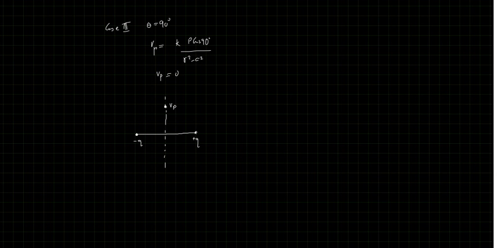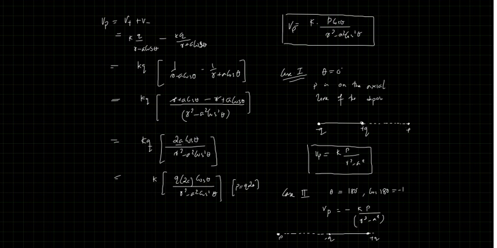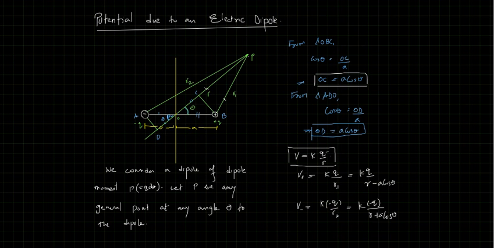Anywhere on this line the potential is 0. However, potential is 0 on this line, but potential is not 0 on the left hand side and right hand side. It will be plus or minus. Okay, so this is how the electric potential due to a dipole varies in its nearby region.